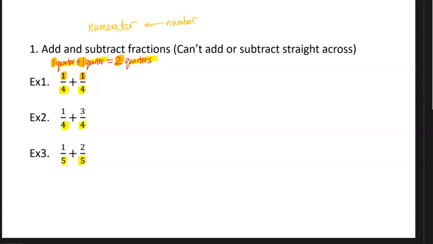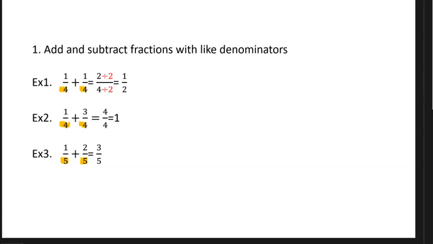So we cannot add 4 and 4. Don't confuse this with multiplication. When we do multiplication of fractions, we do multiply the top and top and the bottom and bottom. But for addition, we cannot add the denominators, for the reason that I explained: quarter plus quarter, you still get quarter.